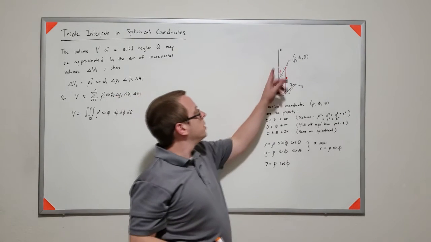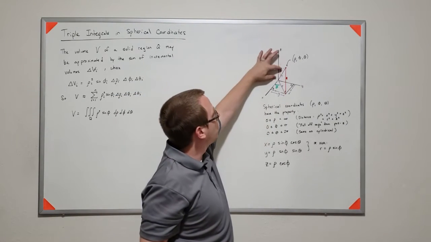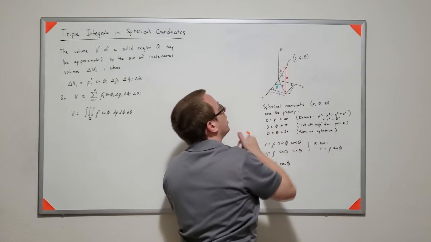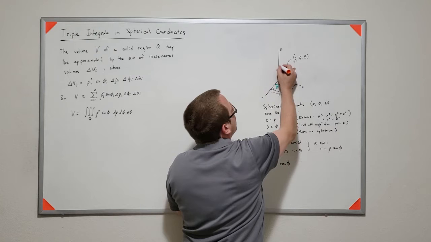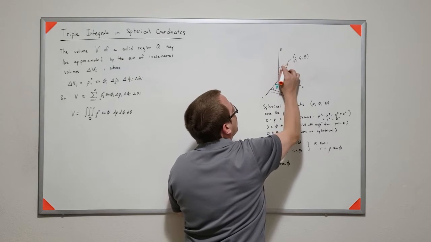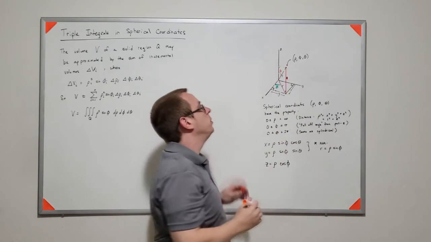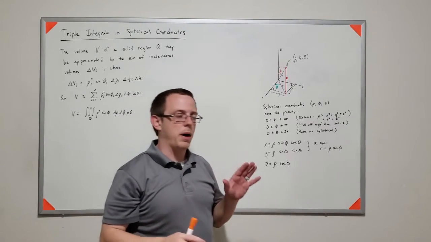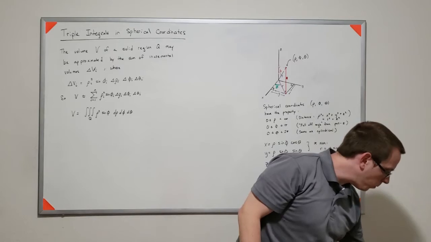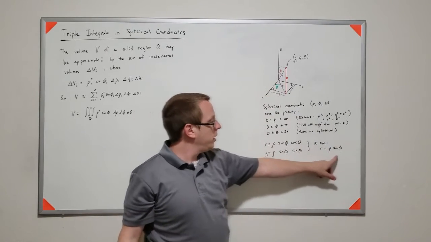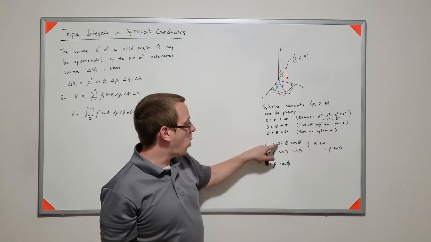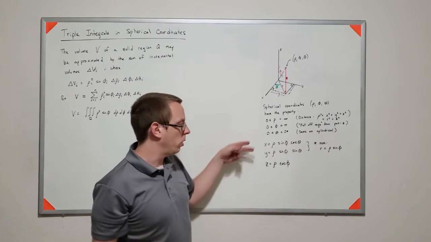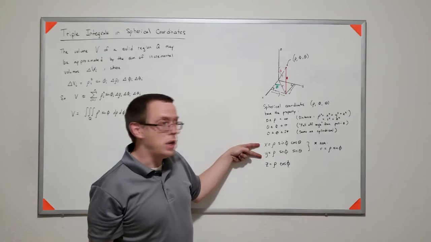But the idea is sine of phi, rho sine phi, or no, I was right the first time. It's got to be like here, because this is your hypotenuse. Anyway, my apologies. But rho sine phi is r, and if x and y are r cosine theta, r sine theta, like they are in cylindrical coordinates, to me that's the easier way to keep up with it.